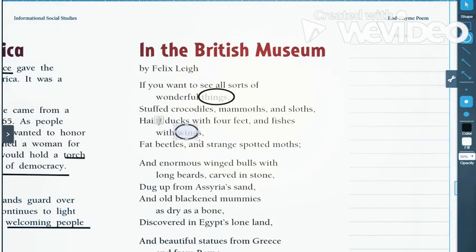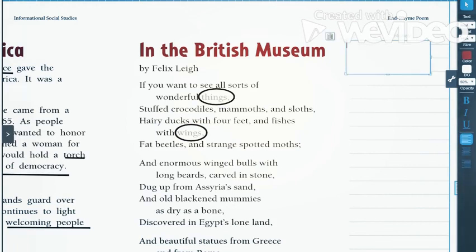The words wings and things are rhyming words, so I've circled them both. And then the next step that I'm going to take is I'm going to write them in my notes over here. So I'm looking for rhyming words, and I'm going to write wings and things are rhyming words. And they are rhyming words because of the ing sound at the end. They both have I-N-G-S. That's what makes them rhyming words.